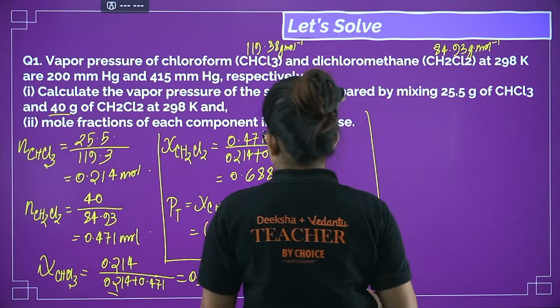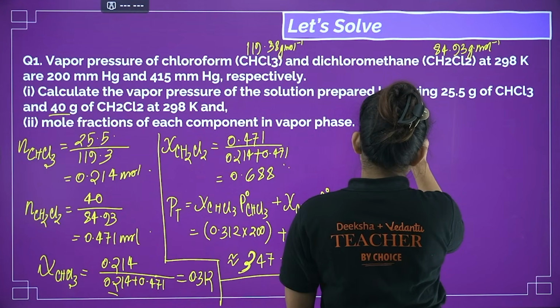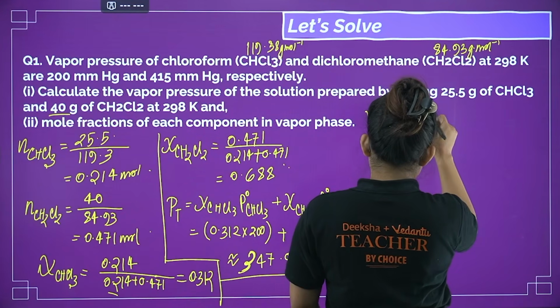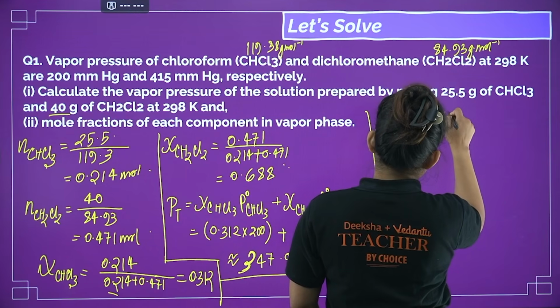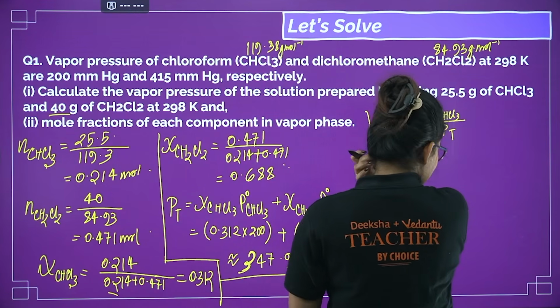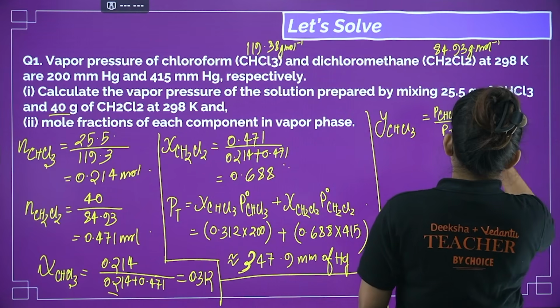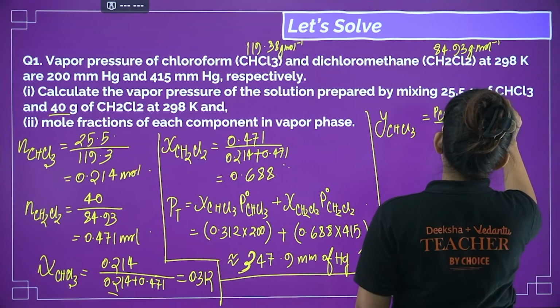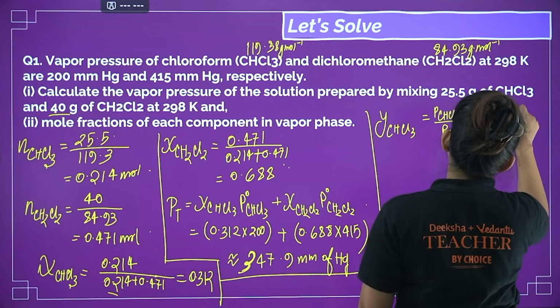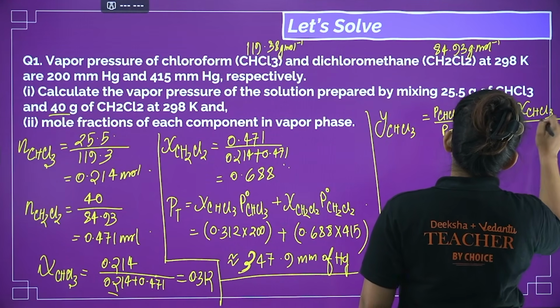We have to find out the composition. So Y of CHCl3 is going to be P of CHCl3 divided by PT. Okay, PT we have calculated already, and P of CHCl3 is P0 of CHCl3 into mole fraction of CHCl3, divided by total pressure.